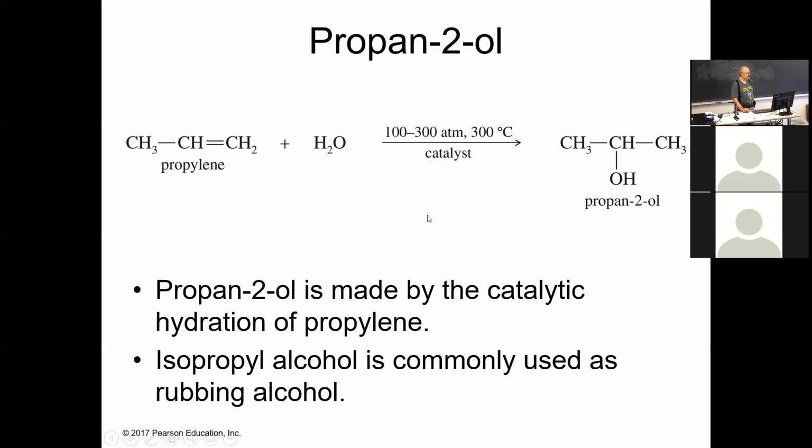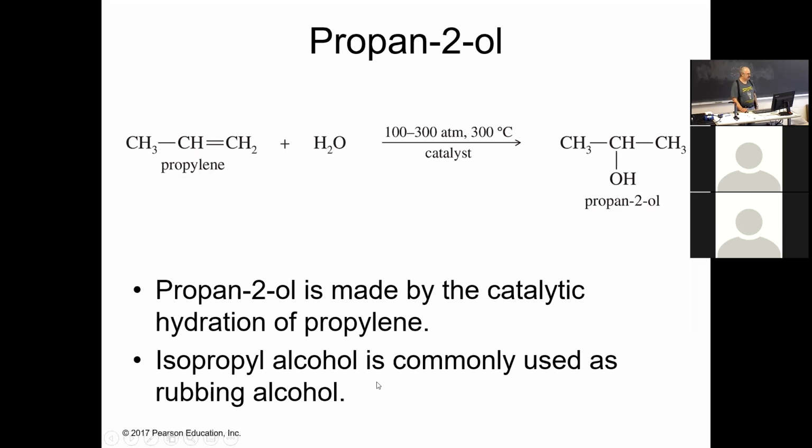Propan-2-ol, commonly called isopropyl alcohol, is made industrially from propylene by the catalytic addition of water. And isopropyl alcohol is commonly used as rubbing alcohol.